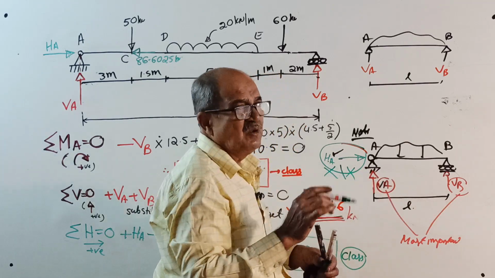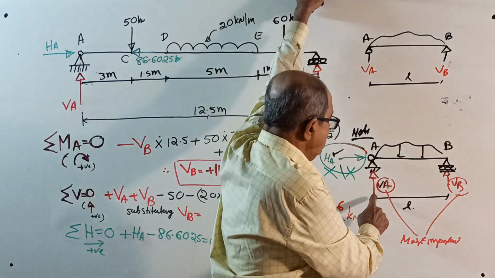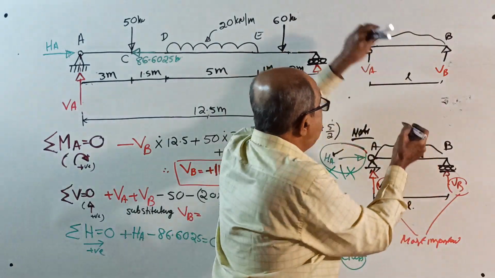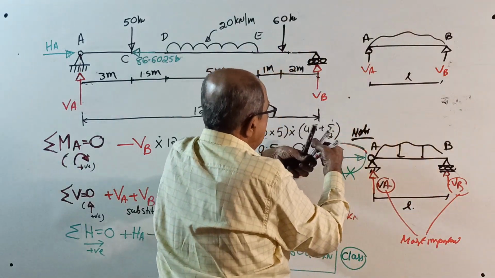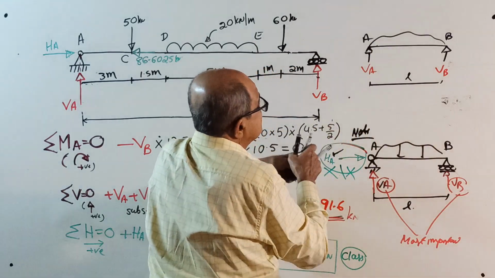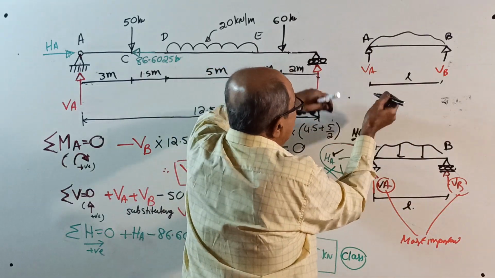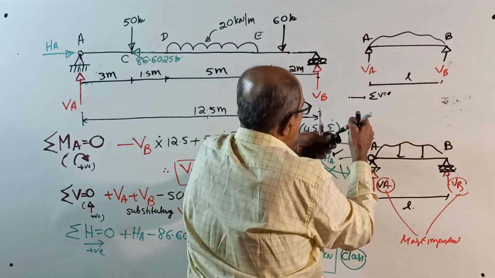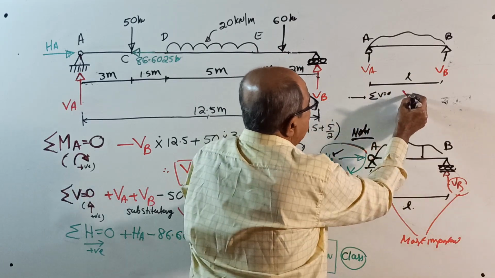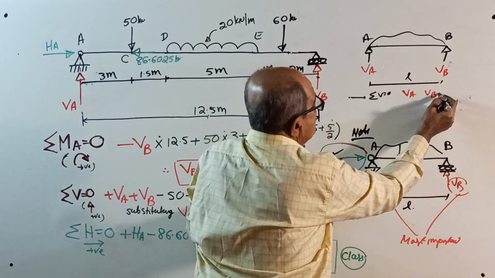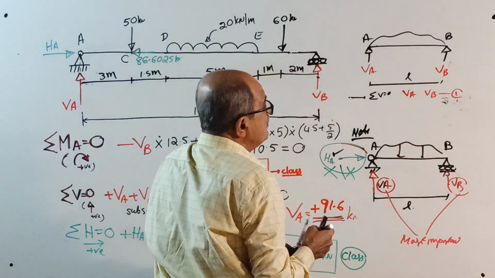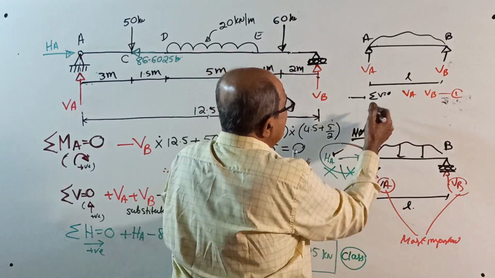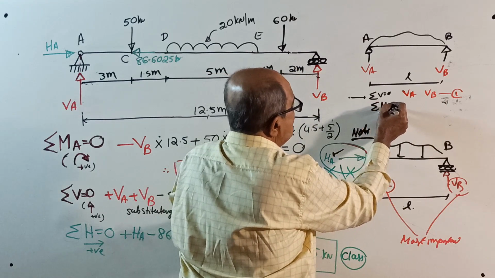If it is there, we will calculate it. Our powerful ones are VA and VB. Now, make a note. If you apply sigma V equal to 0 first, then in terms of VA and VB you get equation number 1. One equation will come. Then you apply sigma M equal to 0.